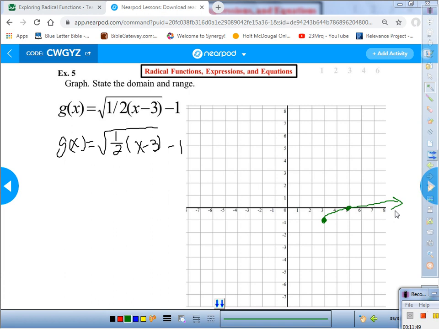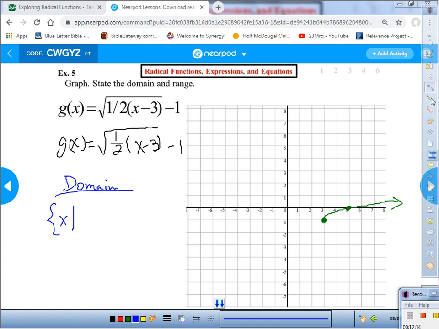All right. So now that we have that, they're asking us to state the domain and range. I'm going to use set notation. I'm going to start with the domain, in blue. Solution set of x such that, now check this out. The domain is all x values for that function.